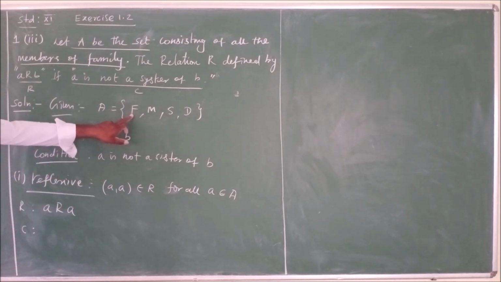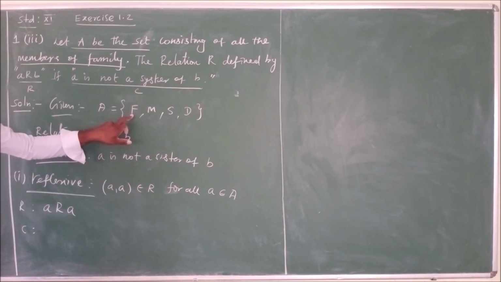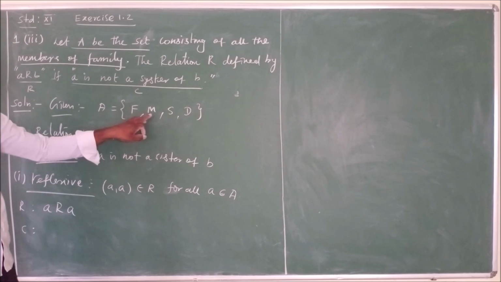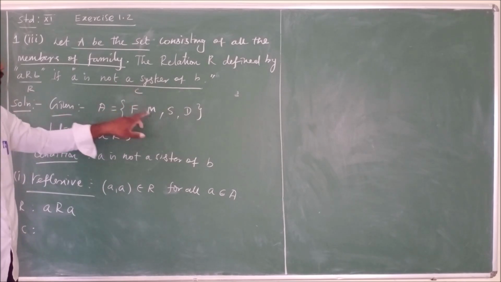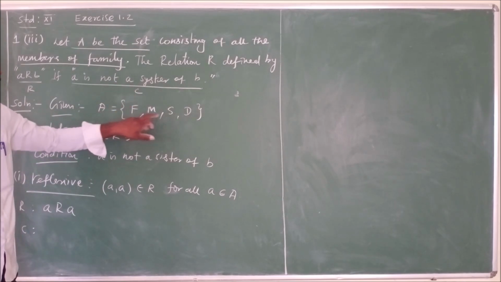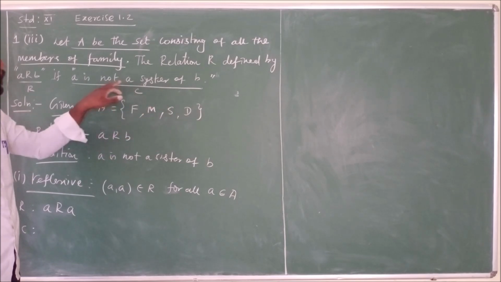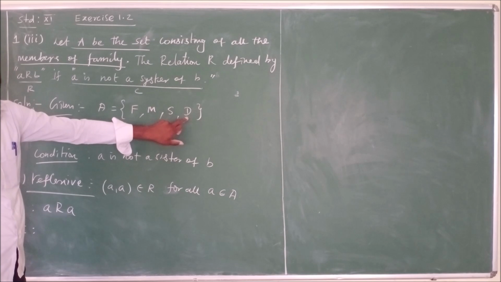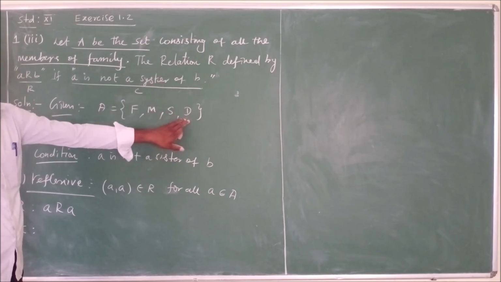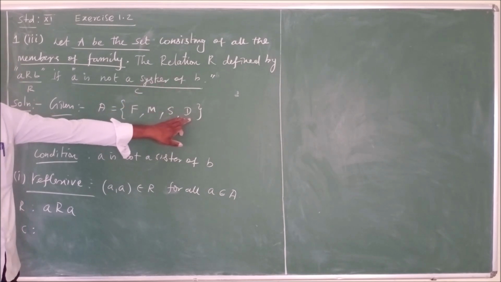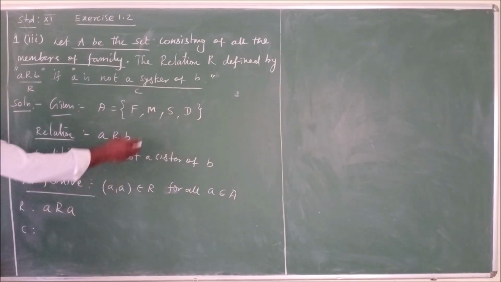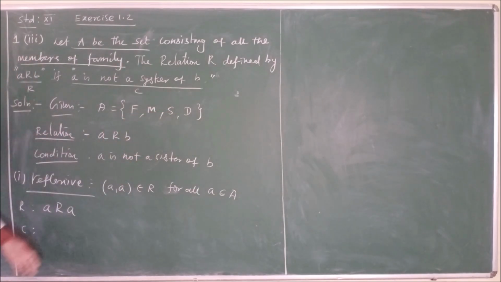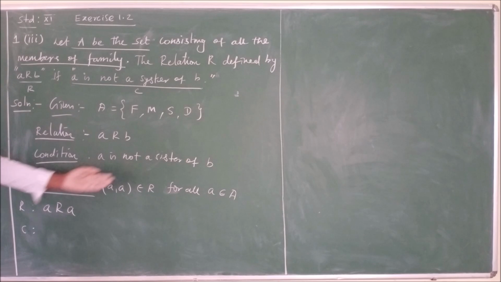See the example: father is not a sister of himself, so F satisfies this condition. Mother is not a sister of herself, satisfies this condition. Son is not a sister of himself, S satisfies this condition. Daughter is not a sister of herself, satisfies this condition. Clear? So all family members satisfy: not a sister of itself.